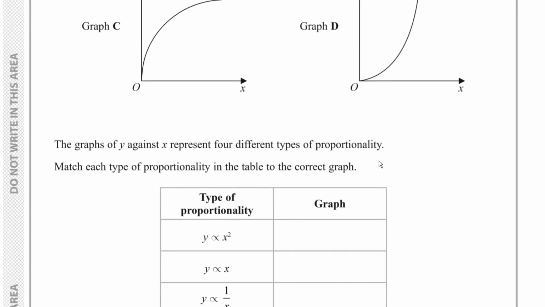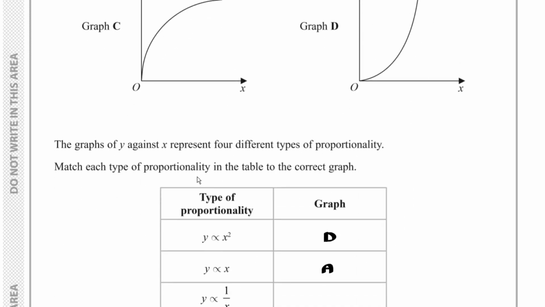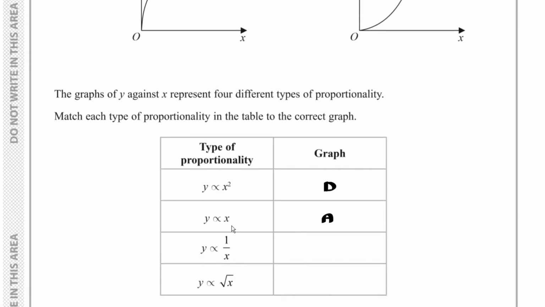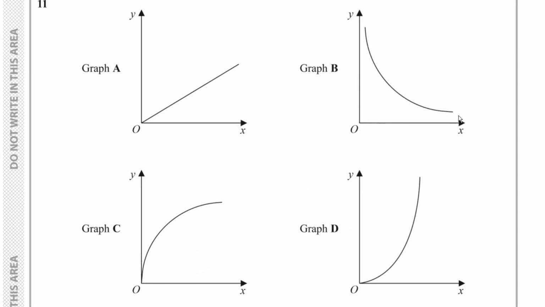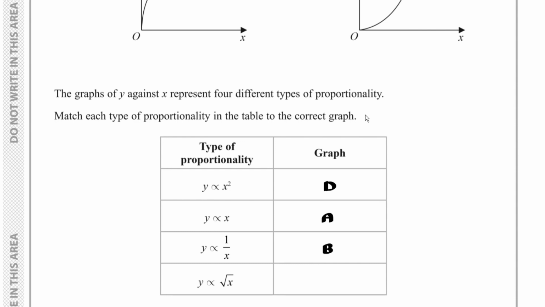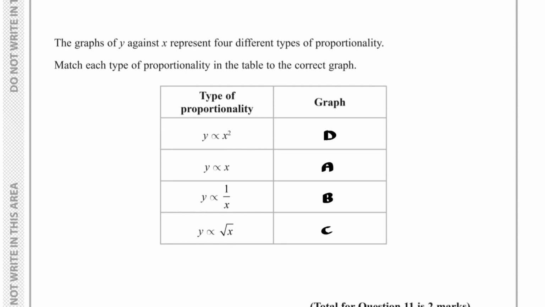That looks like graph D. Y being proportional to x, we're looking for a straight line that passes through the origin, so that's graph A. Y being proportional to 1 over x, that looks like graph B. And y being proportional to the square root of x, that looks like graph C.